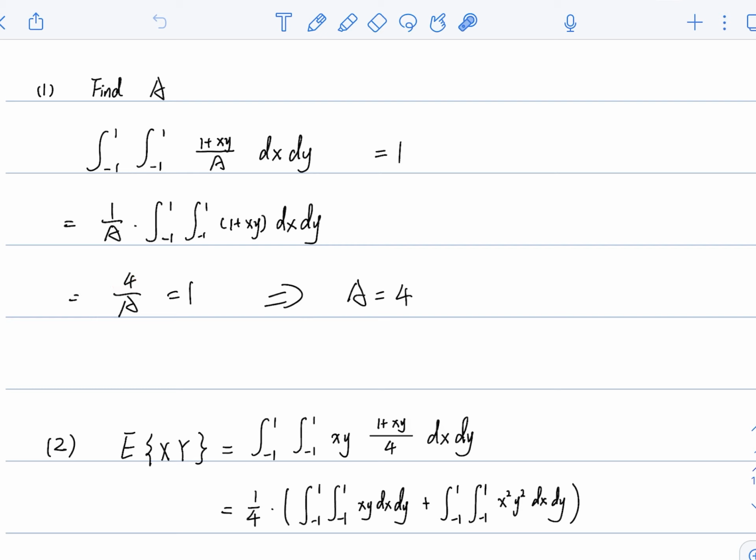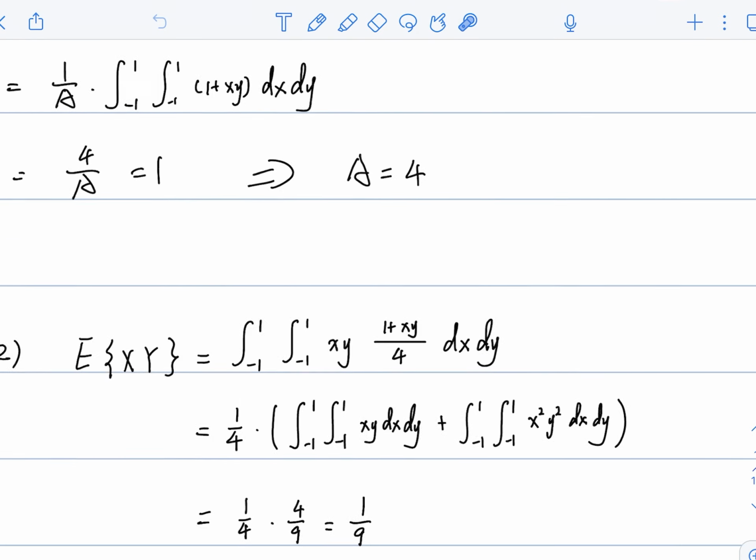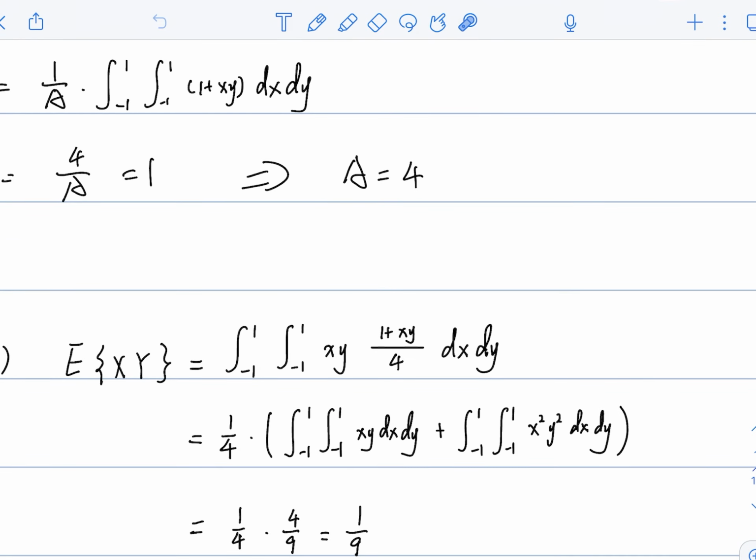Therefore, 4 divided by a is equal to 1, and it implies that a is equal to 4.